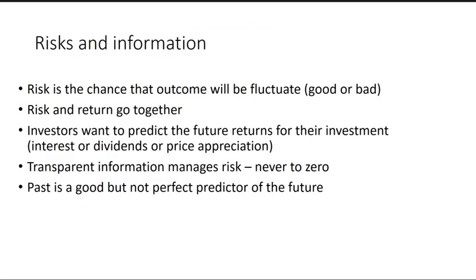So a little more on risk. There's a chance the outcome will fluctuate. They go together, as we talked about already. Okay. Investors are looking for return in two ways.